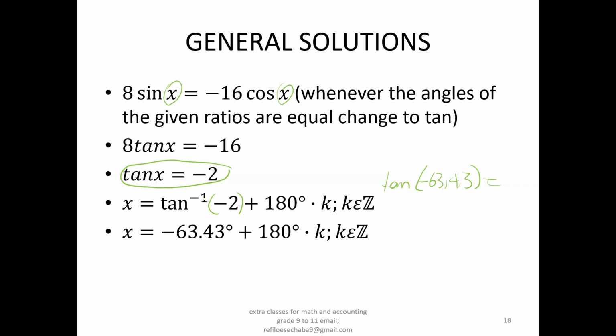Now, take that answer. Can you go back to the answer that you had that had 63,43 and so on? Yes. Now, add 180 to that. What do you get?